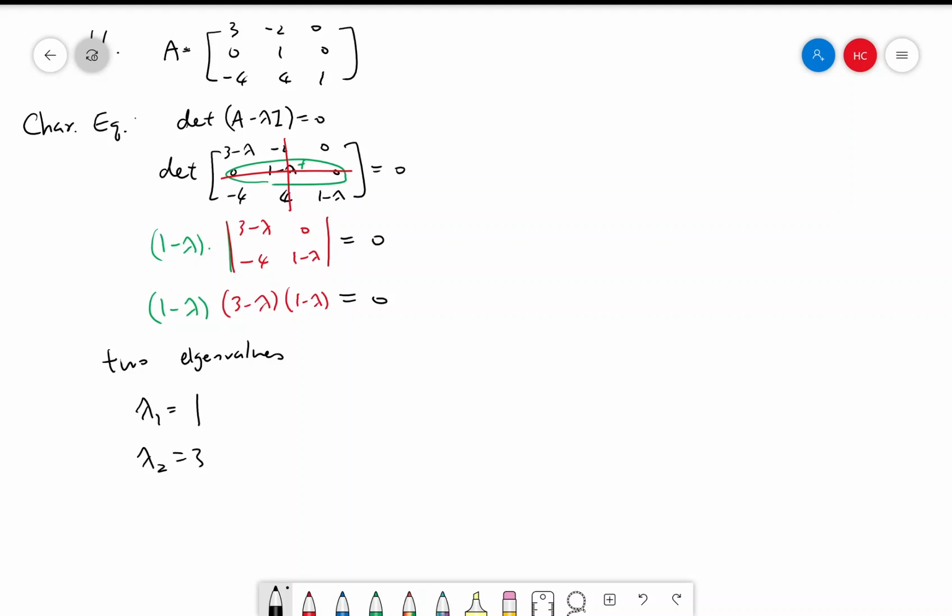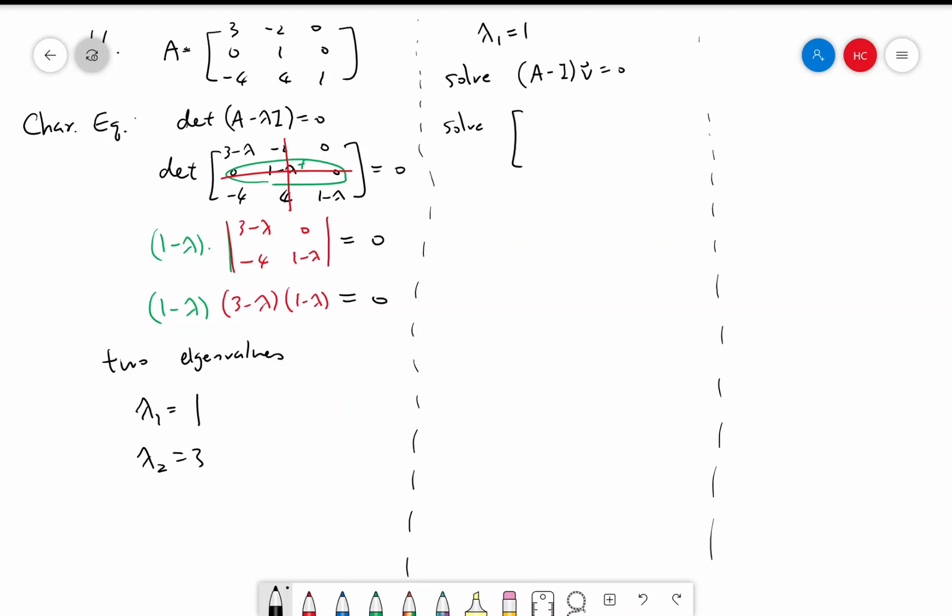Okay. So let me see if I can fit into the space here. For eigenvalue 1, we want to solve (A minus I) times v equal to 0. A minus I is 2, -2, 0, 0, 0, 0, -4, 4, 0.